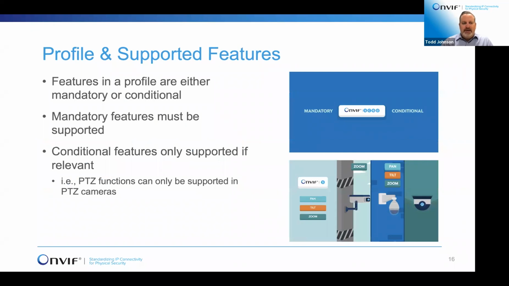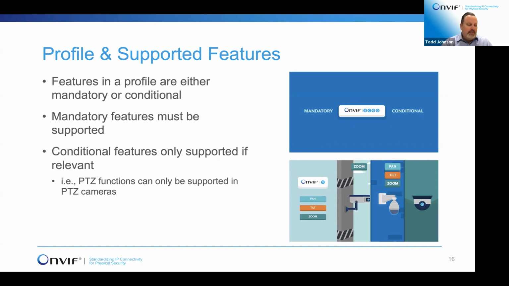Okay, let's talk a little bit about supported features within a profile. I've used the terms mandatory and conditional a couple of times, so I want to explain that. Features in a profile are either mandatory or conditional. All mandatory features within a profile must be supported. Conditional features need to be supported if the device or client supports that functionality.